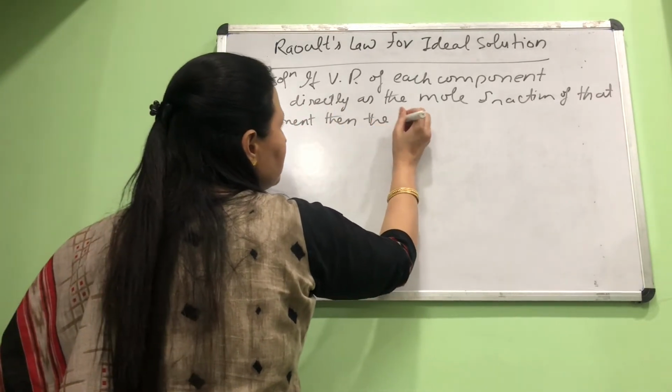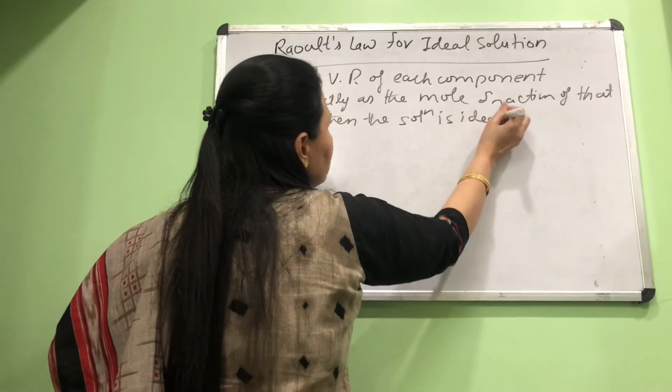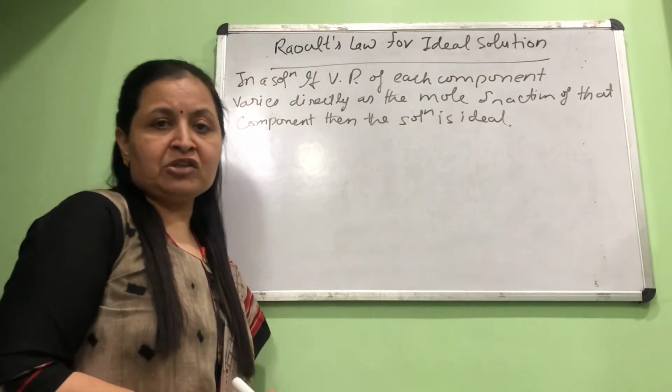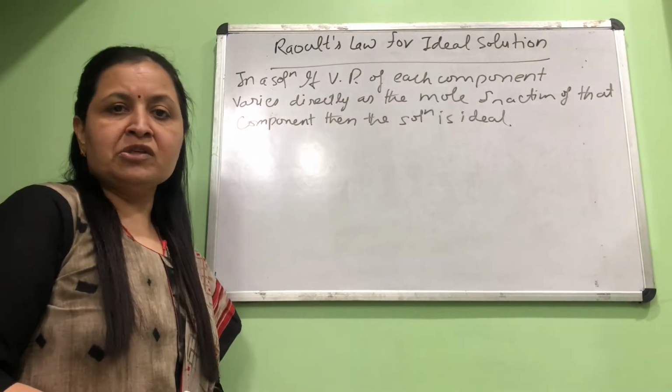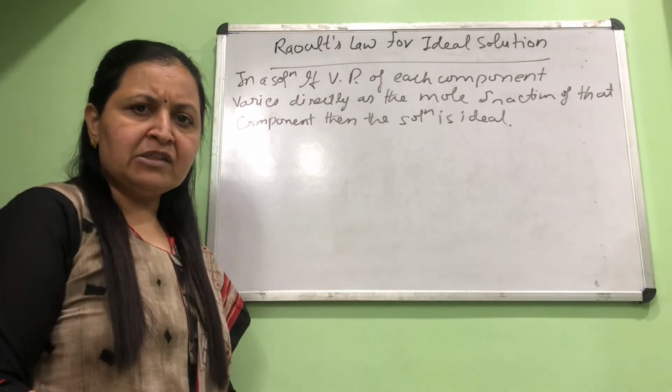I am repeating for you that if in a given solution the vapor pressure of each component varies directly as the mole fraction of that component, then the solution is behaving ideal. Simply this; with the study you'll understand what it means.